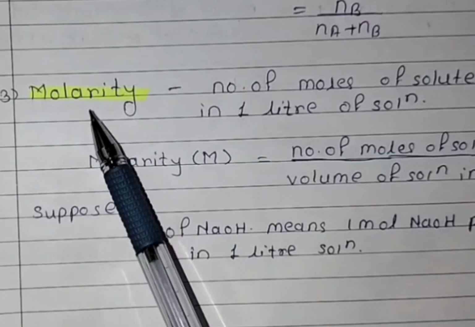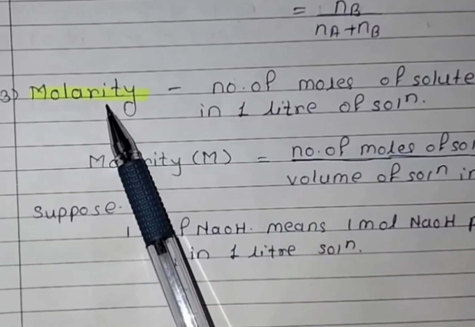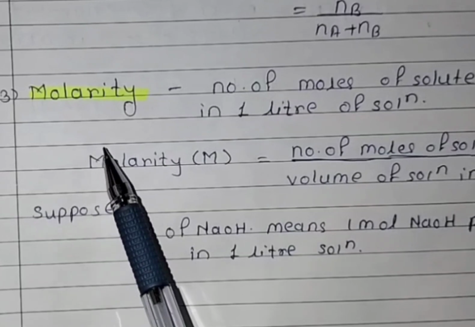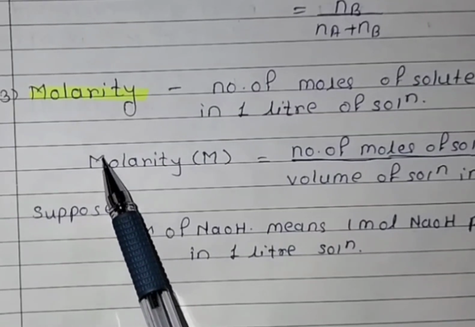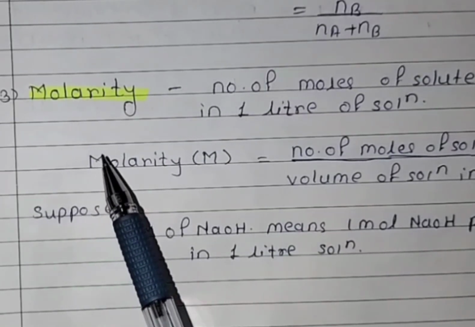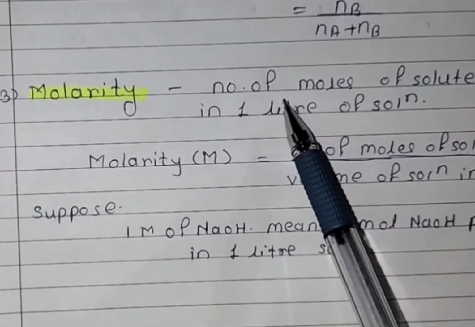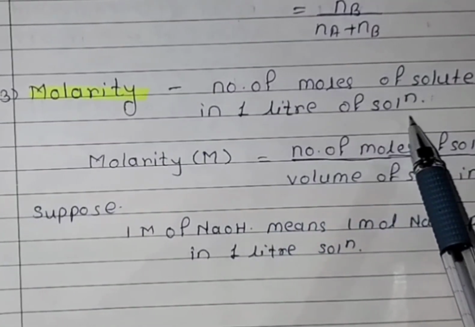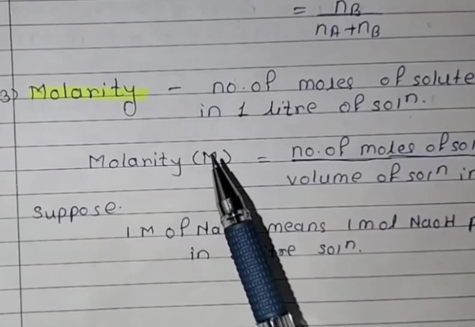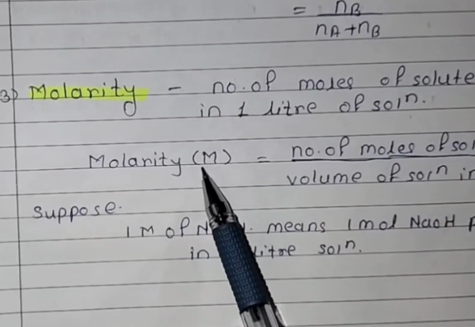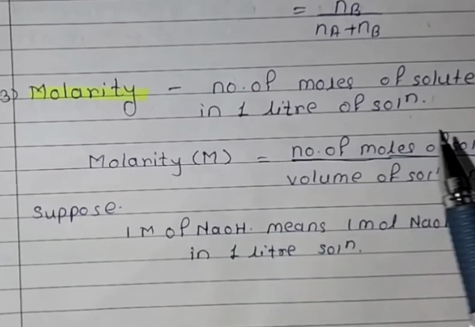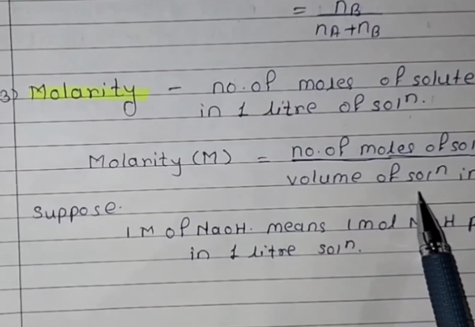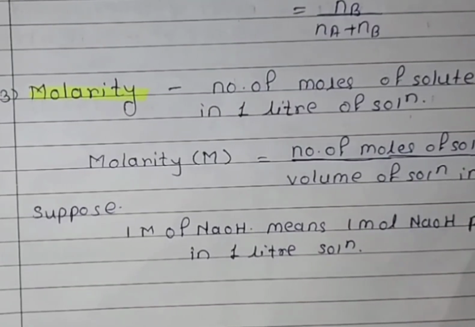Then third is molarity. The concentration of a solution, or the amount of substance present in a given volume, can be expressed as molarity: the number of moles of solute in 1 liter of solution. It is denoted by capital M, which is equal to the number of moles of solute divided by the volume of solution in liter.